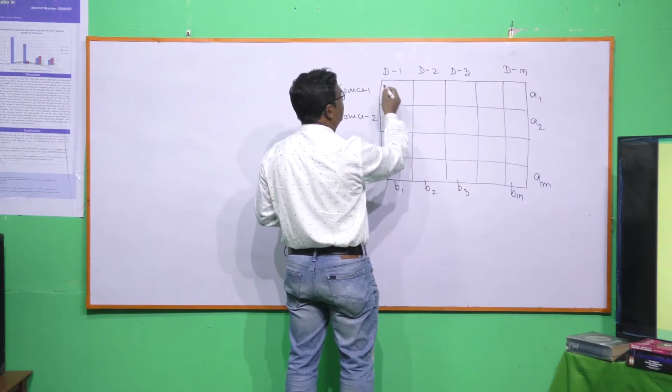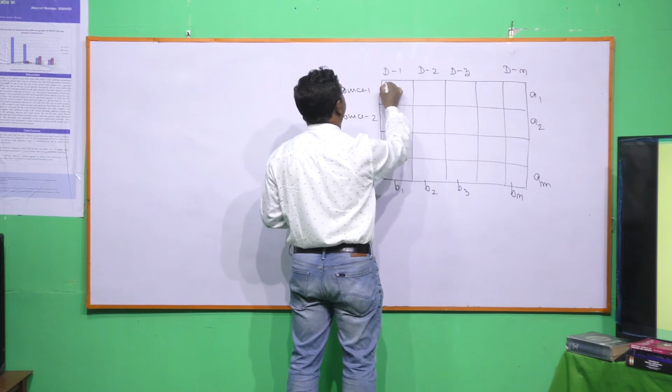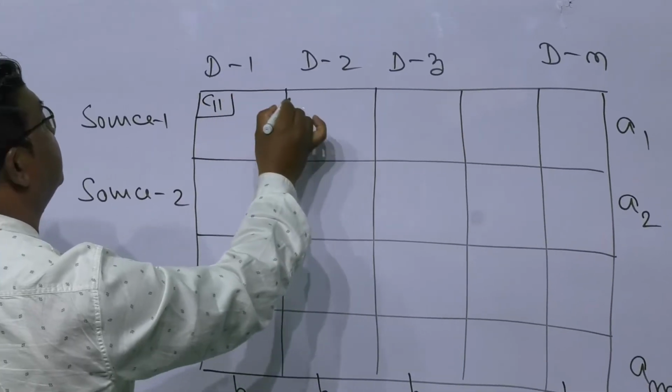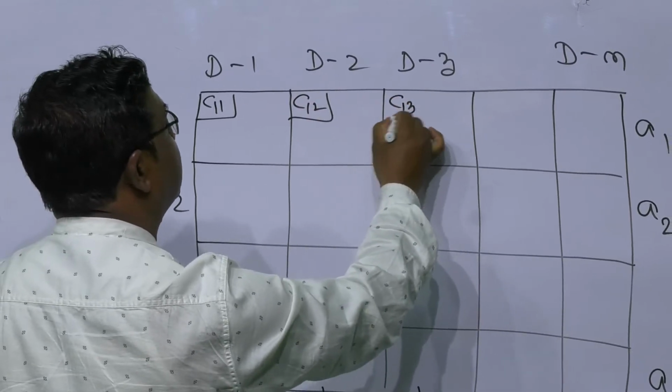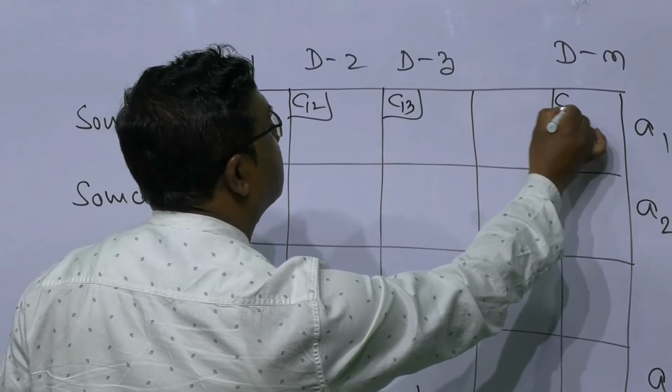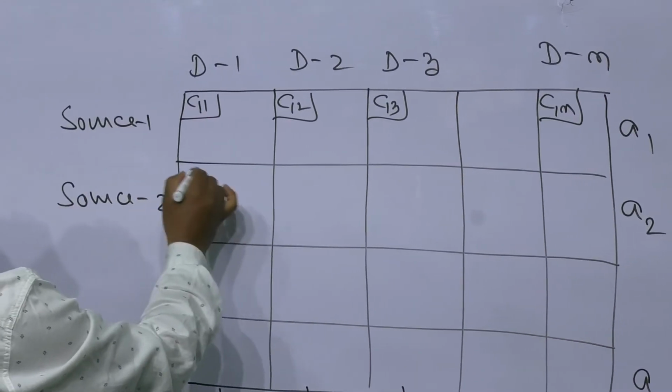Then the cost of transportation from source 1 to destination 1 is denoted by C11, similarly C12, C13, C1n. This is the transportation cost from source 2.